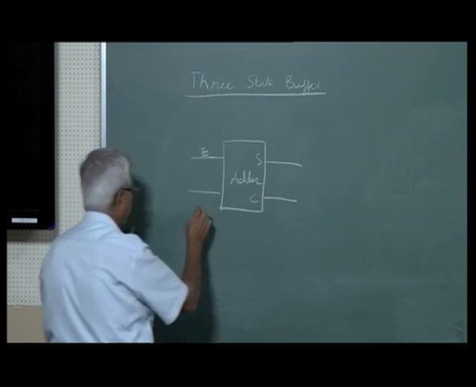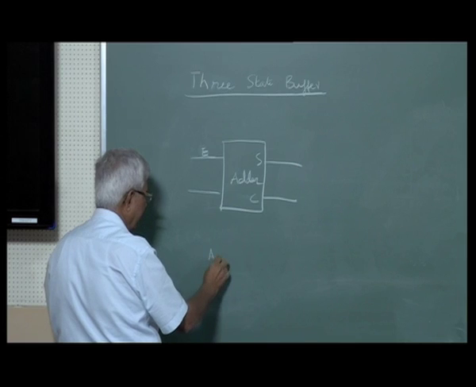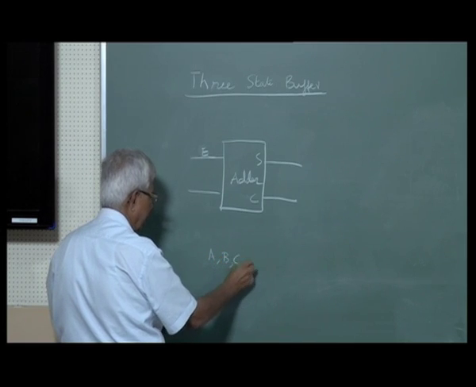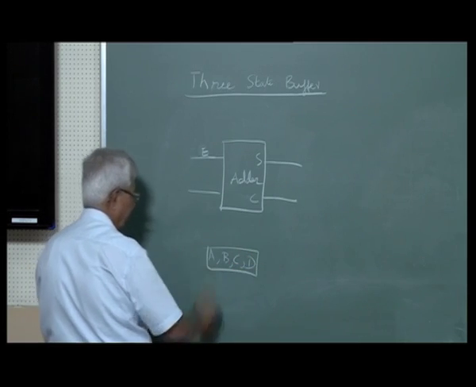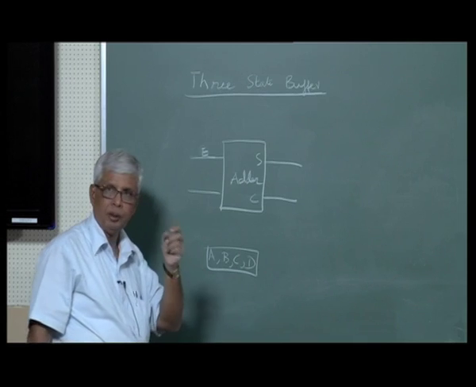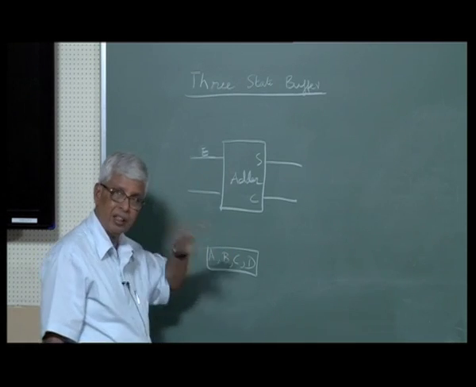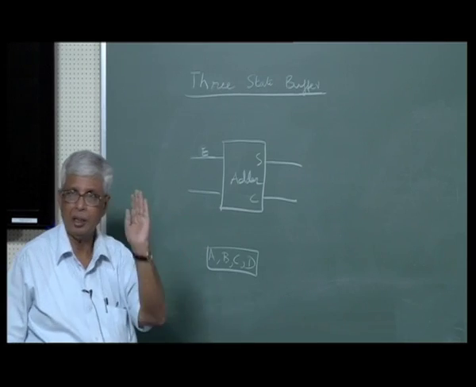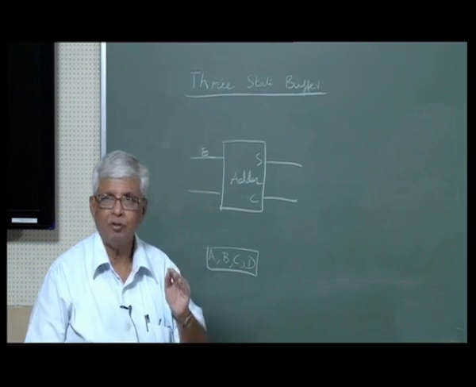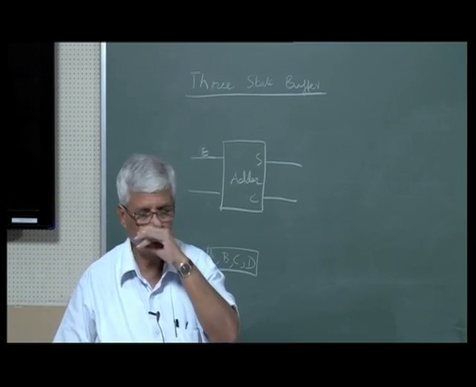The second number can be either A or B or C or D, we do not know, one of them. Sometimes I want to add A and E, sometimes B and E, sometimes C and E and all that. One number is fixed, the other number is selected from a different number group.